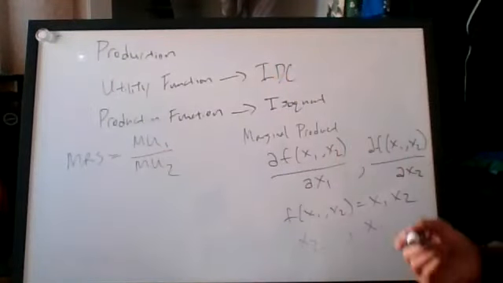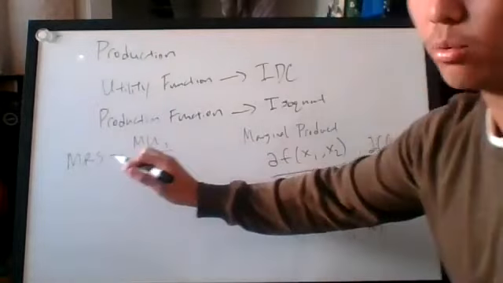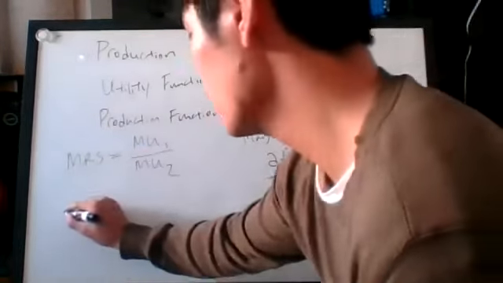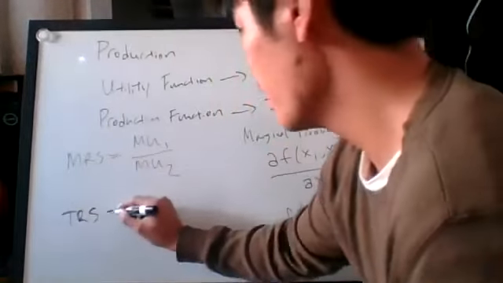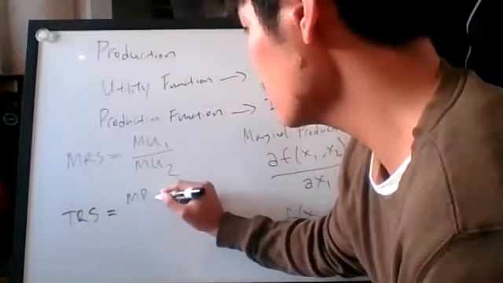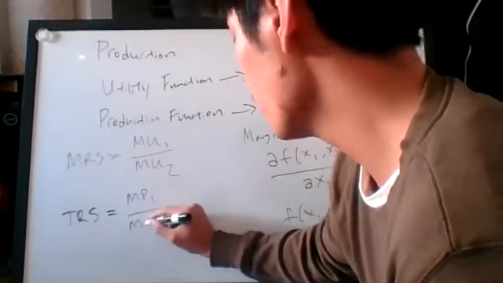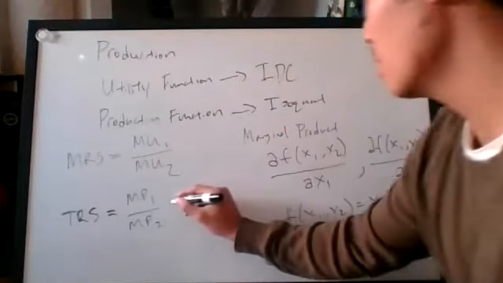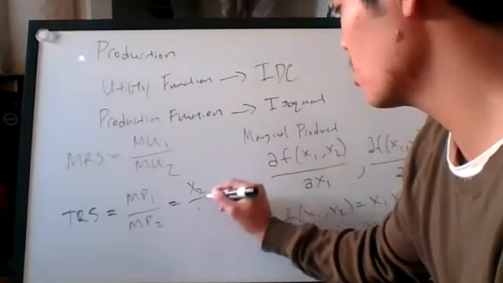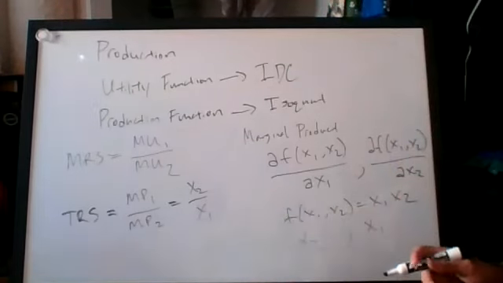And nothing's changed except that instead of calling it marginal rate of substitution, we're going to call it technical rate of substitution, right? So instead of an M, it's a T. And this is just going to be the marginal product of input one over the marginal product of input two, right? And in this case, this just becomes x2 over x1, right?